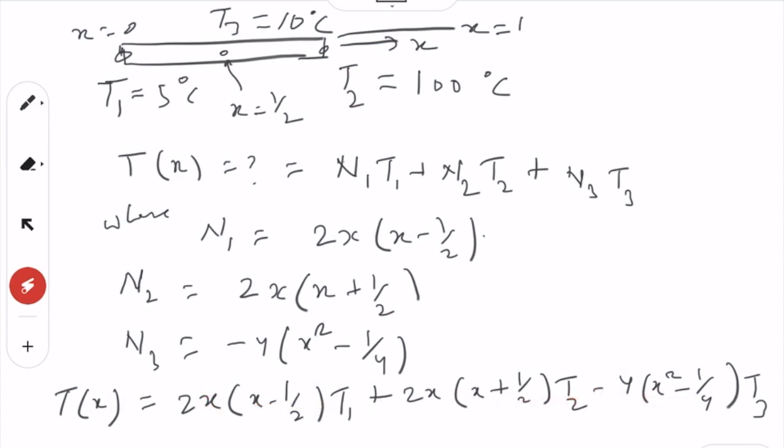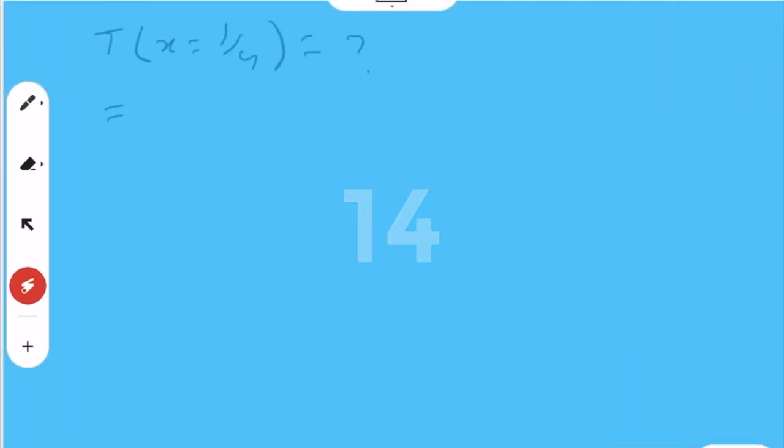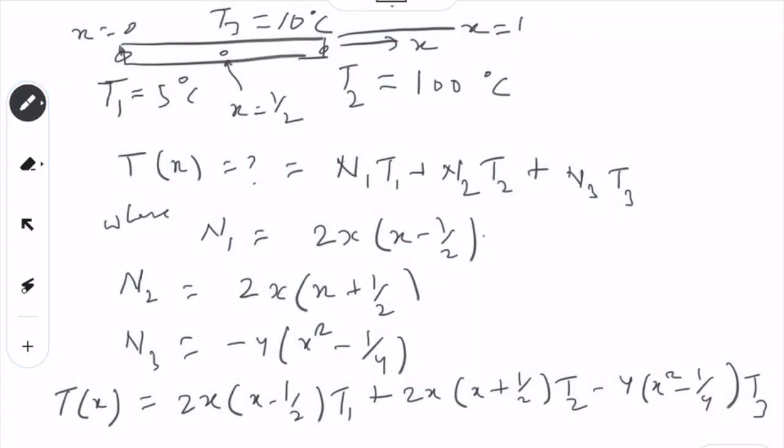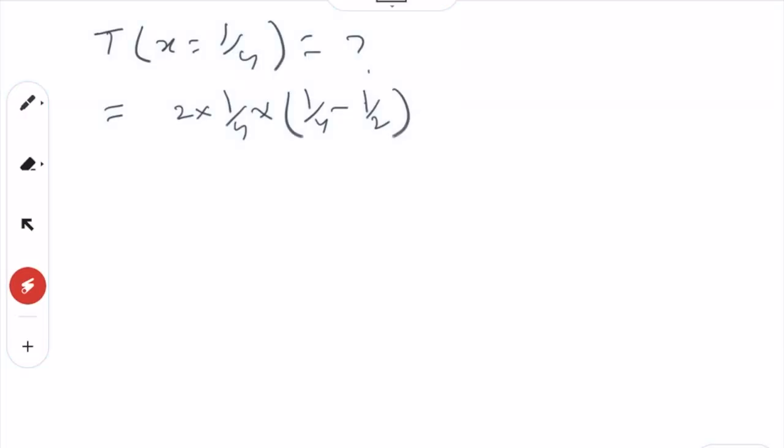So we have 2 times 1/4, so you get half here, and 1/4 here also, minus 1/4, right? So 2 times 1/4 multiplied by 1/4 minus half, and T1 equal to 5, so let's write 5 multiplied by 5.